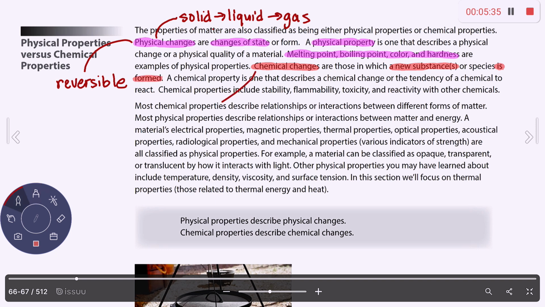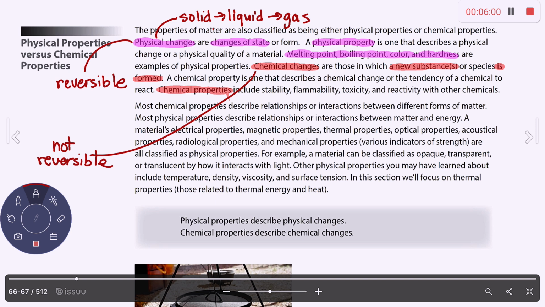Chemical changes are typically not reversible. So if I burn a piece of paper, I can't make that burnt paper go back into what it was before. So that's a chemical change. That's not reversible. Okay? Chemical properties tend to describe the tendency of things to undergo chemical changes or react.